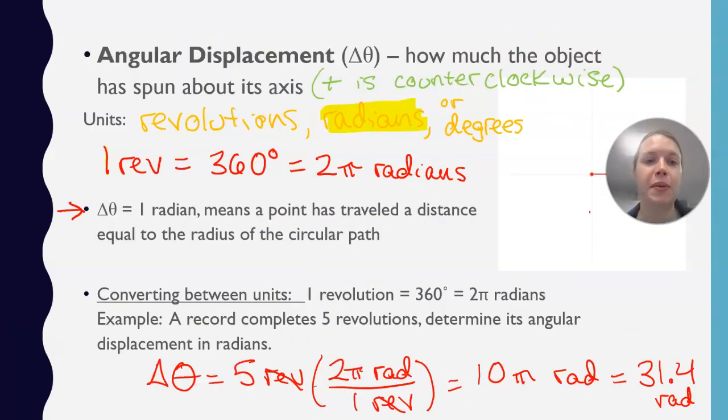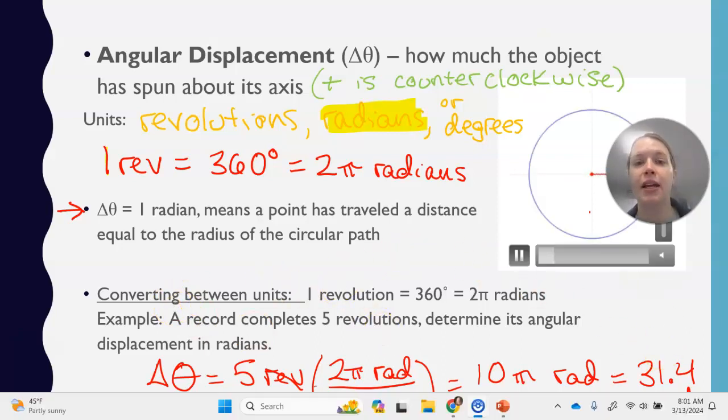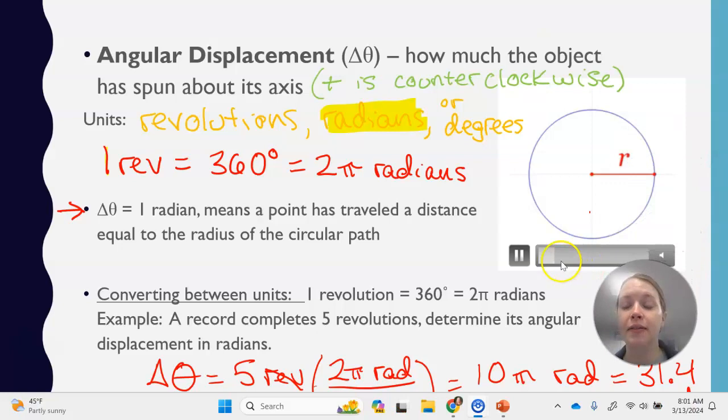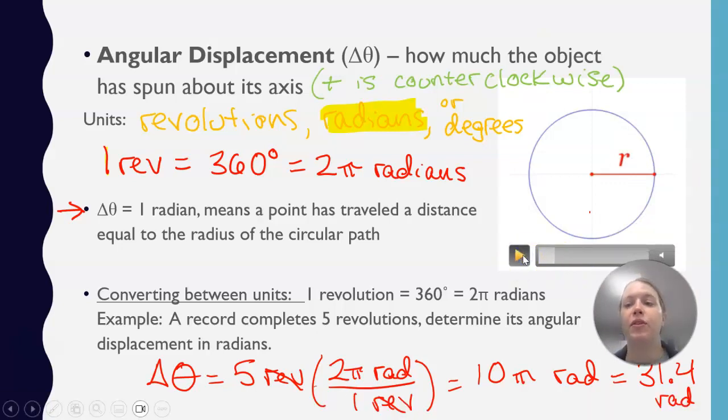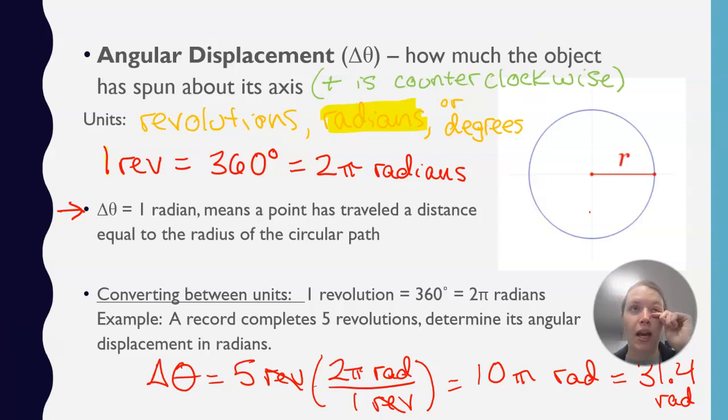So angular displacement is how much an object has spun about the axis, and it is positive if the object moved counterclockwise. We're going to describe the angular displacement and angular velocity and angular acceleration with a base unit of radians. So we can describe how much an object moves along a circle in terms of revolutions, radians, or degrees.